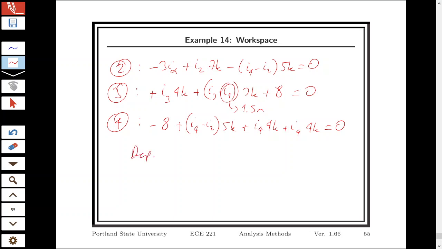And we have this dependent source variable I alpha, and it is minus I3.